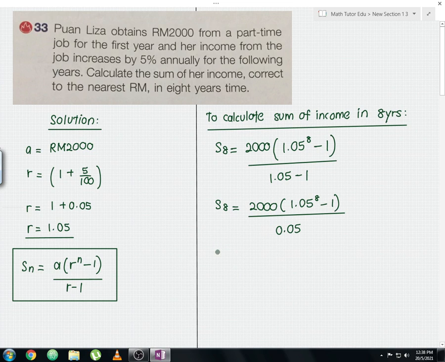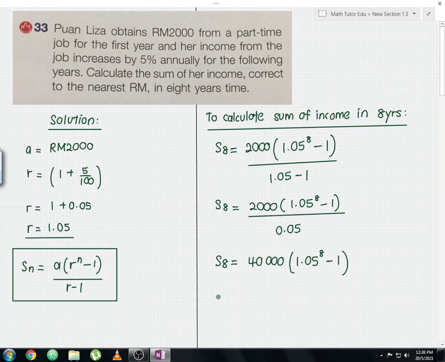So the 2000 you times with 1 over 0.05. From here you get your S8 is equal to 40,000 in the bracket 1.05 to the power of 8, and then you minus 1.